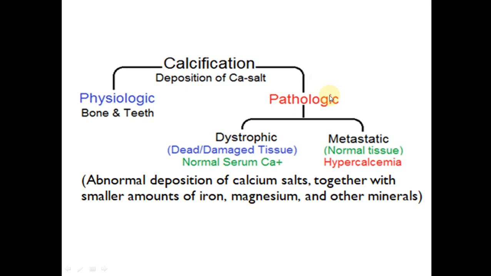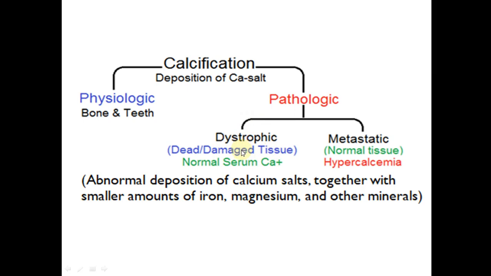We divide pathologic calcification into dystrophic calcification and metastatic calcification. In dystrophic calcification, calcium is deposited in necrotic, dead and damaged tissues. In dystrophic calcification, the normal calcium concentration in the blood is maintained.